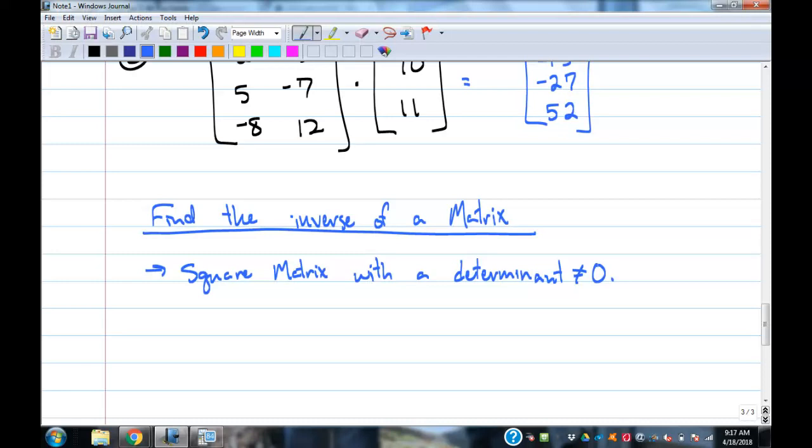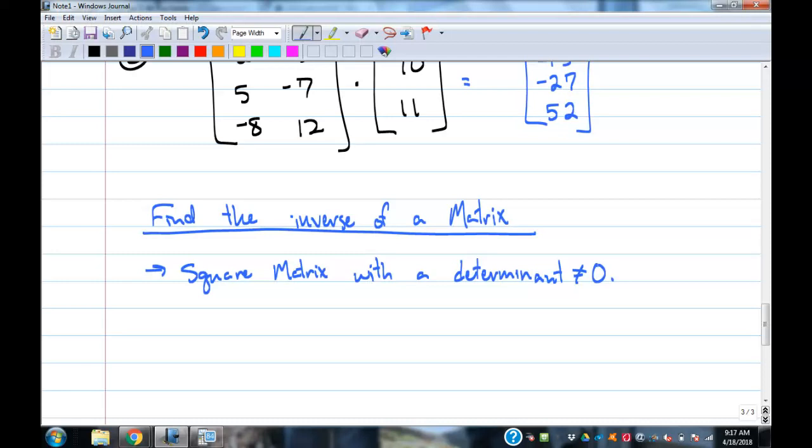The reason they're multiplicative inverses is that if I say 3 times its multiplicative inverse, what's the result? 1. Okay? So with a matrix, if we find the inverse of it and multiply matrix A times its multiplicative inverse, I'll get what's called an identity matrix back, which is the 1 in matrix world.